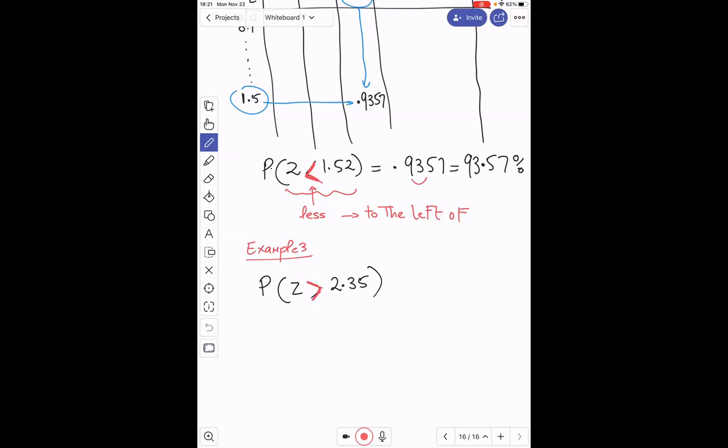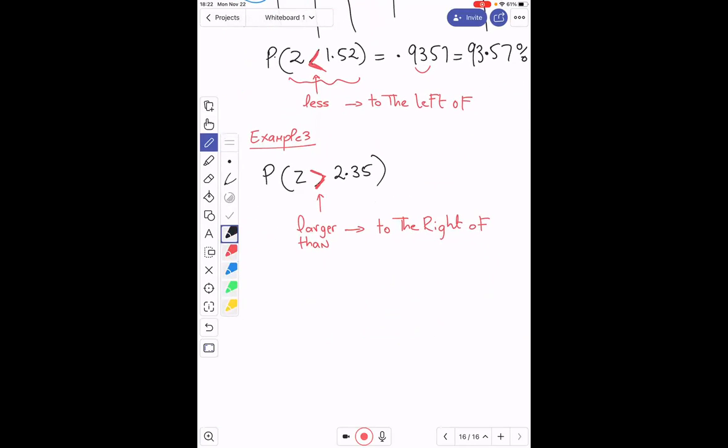Z is larger, or in other words, z is more than 2.35. So when z is larger, then the probability corresponds to the area to the right, to the right of 2.35.